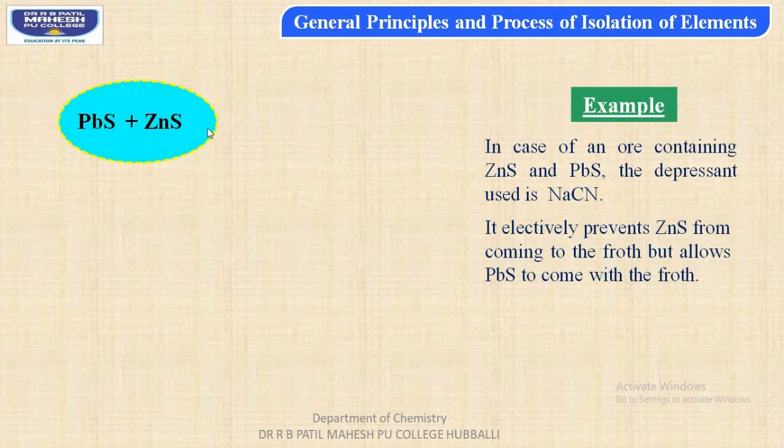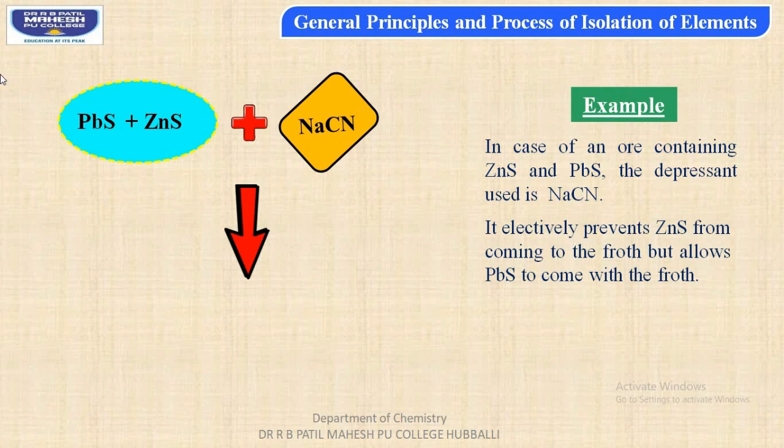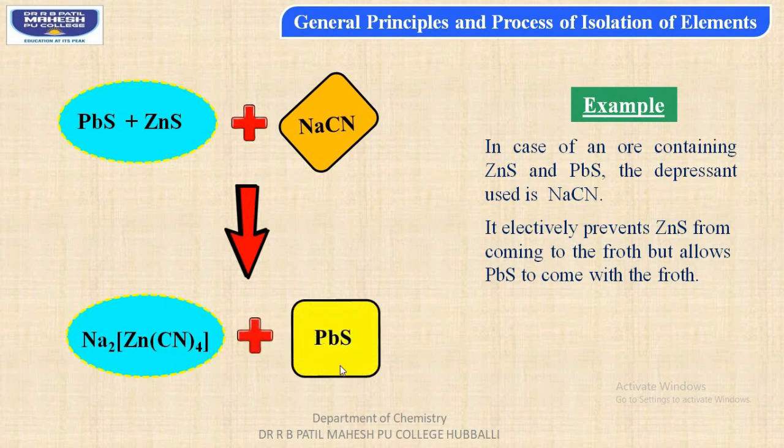When lead sulfide and zinc sulfide are present in the ore, we are adding the depressant sodium cyanide. Sodium cyanide reacts with zinc sulfide. As a result, students, we get a complex of it, whereas lead sulfide is free and it can react with the oil. Thus, formation of the froth of only lead sulfide can be observed.